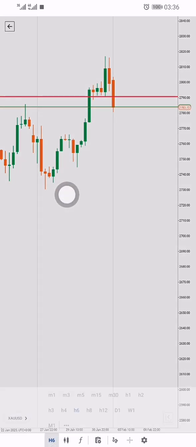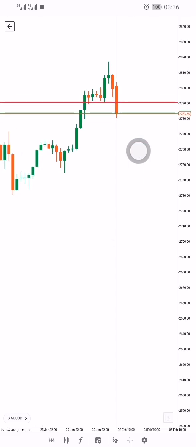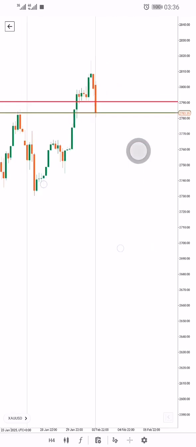So let's switch to the H4 and see if there's anything that we can capitalize on. So yes, price just took the sell side liquidity here, and we should be expecting to see some sort of bullishness to the upside there. So let's switch to the lower time frames and see if there's some sort of break of market structure in the lower time frame that will support some bullishness before we switch to the main bias of being bearish there.